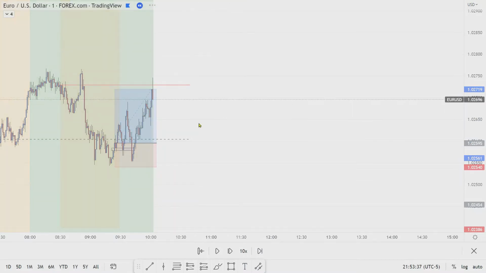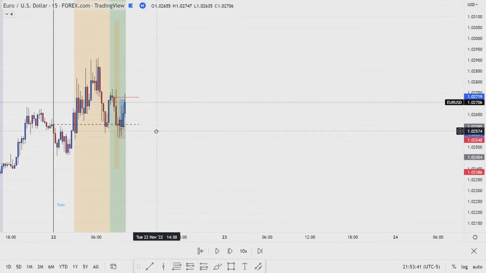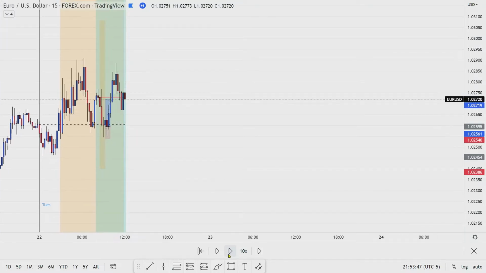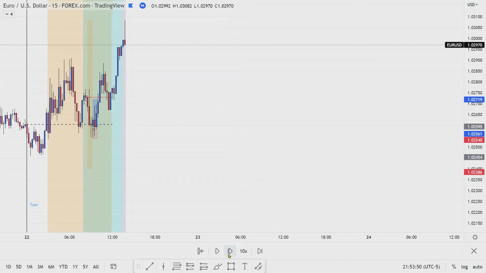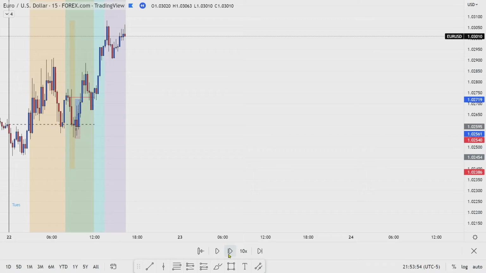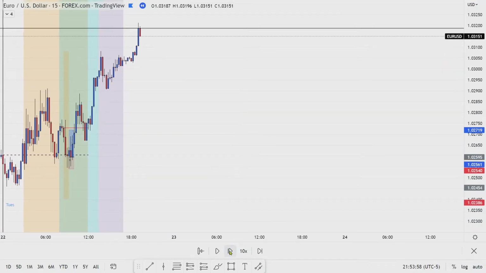But this would have been it for Tuesday, and I would have just moved on for the day. So right now I am going to start playing data so we can send this into Wednesday's data. So we can see there we're going into afternoon New York. Now we're in Asian session.